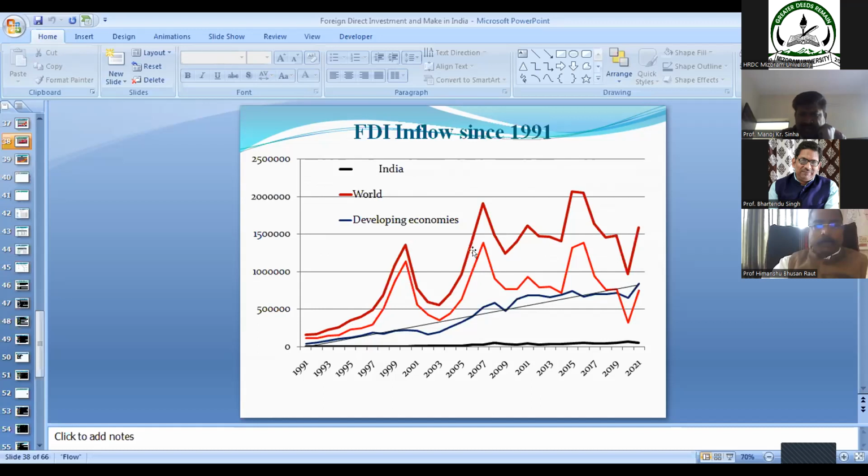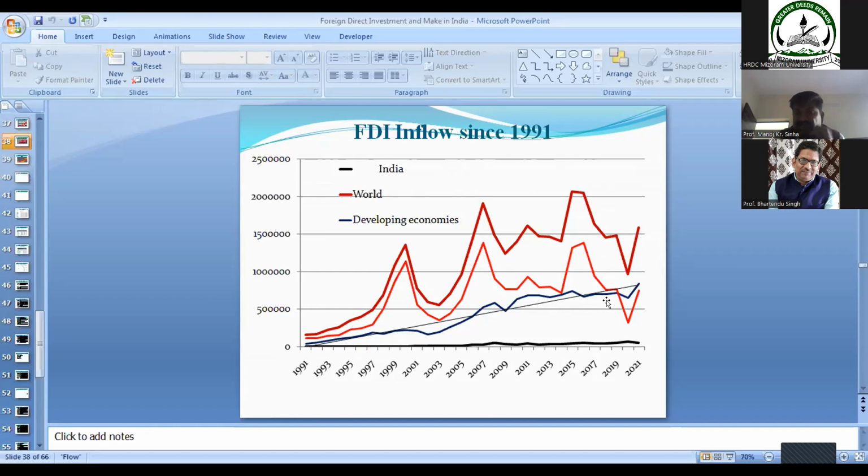We can see there is more or less the same pattern, but in the recent past, particularly during the COVID period, FDI inflow in developing countries is higher than the FDI inflow in developed countries.